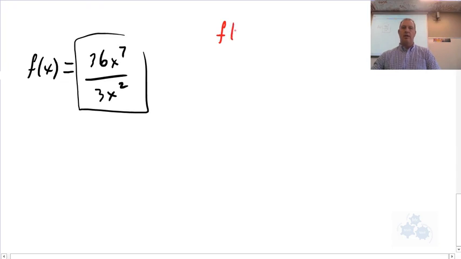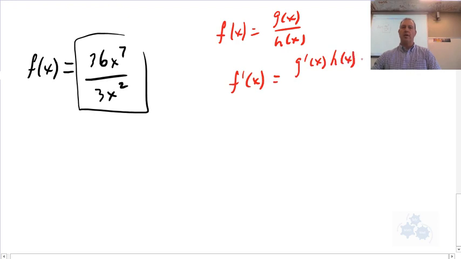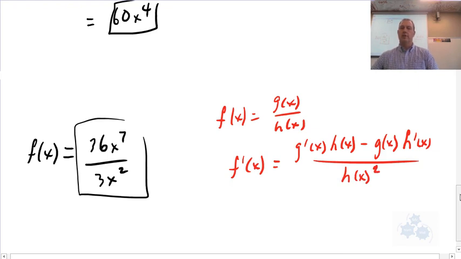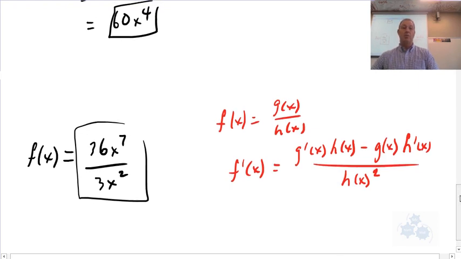If f of x equals g of x over h of x, then f prime of x is the derivative of the top times the bottom minus the top times the derivative of the bottom, h prime of x, all over the bottom squared. So h of x squared. Okay? So that is the quotient rule.